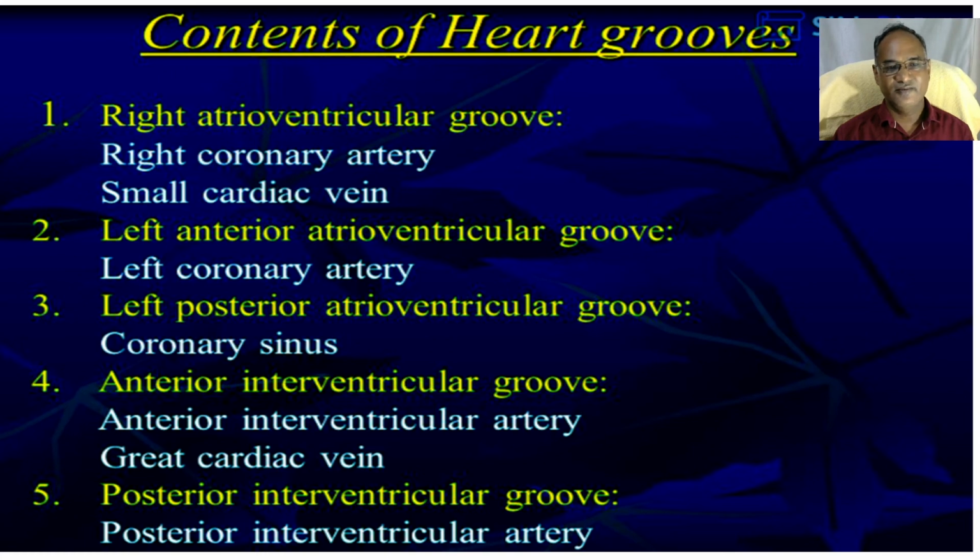The left posterior atrioventricular groove contains the coronary sinus, and the fourth one, the anterior interventricular groove, contains the anterior interventricular artery and the great cardiac vein. Then finally, the posterior interventricular groove contains the posterior interventricular artery.